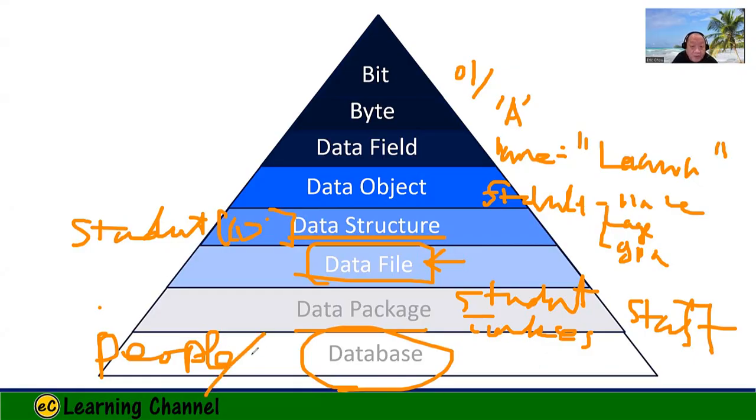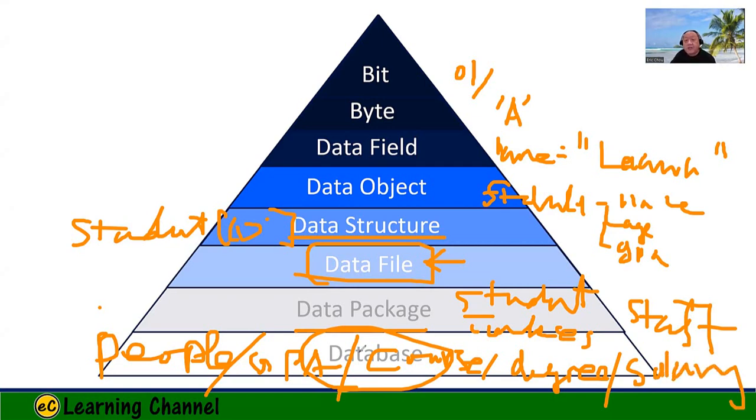And also you may have the score and GPA data, the course data for each course, the degree data, and the salary data for teachers. So the whole thing about the school in data format is called data packages.